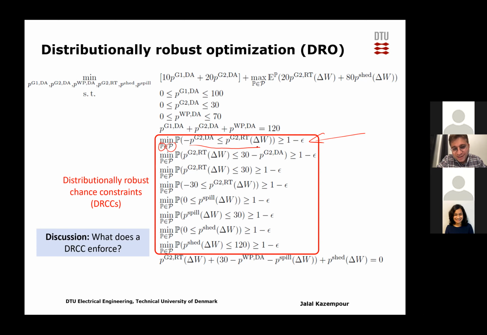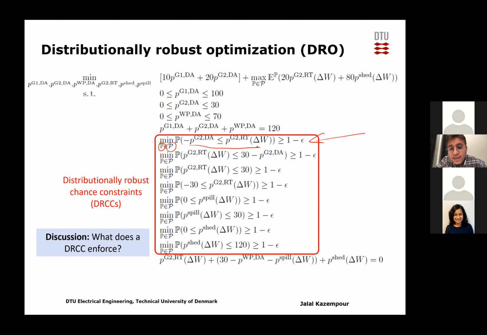We don't know the true distribution. So again, within the ambiguity set, we pick the worst one. For the worst one, we ensure that our underlying constraint holds with a probability of minimum 1 minus epsilon. So now we have the chance constraint enforced for the worst distribution, not for any distribution. Before the break, we assumed that we knew the distribution. Here we don't know, so we picked the worst one.